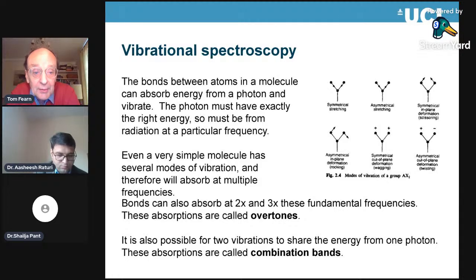So when you add together the various fundamental frequencies, the various overtones, and the various combination bands, you get quite a lot of absorbances just from this simple molecule. And you can imagine how many you get from a quite complicated organic molecule with lots of atoms in there and lots of bonds. So that's what's going on approximately at a sort of fundamental level.